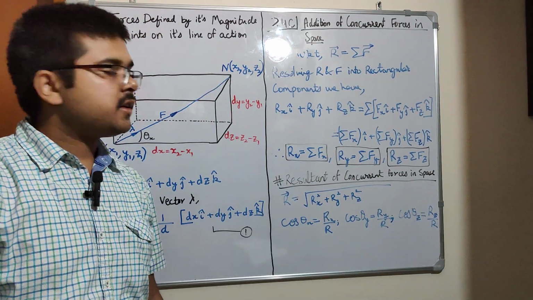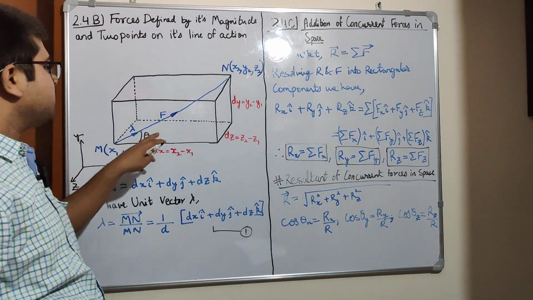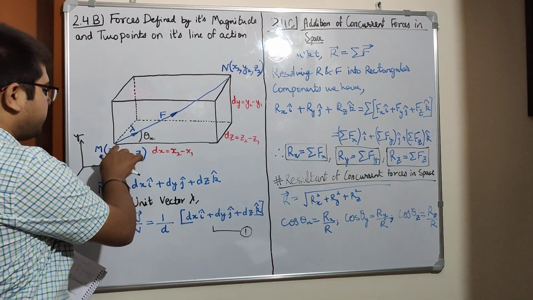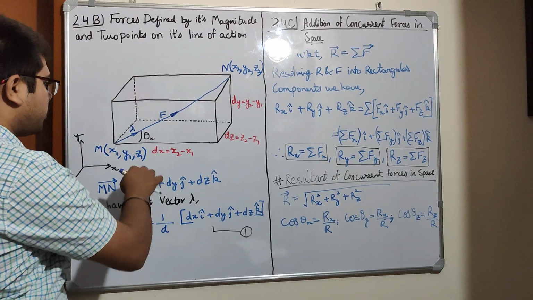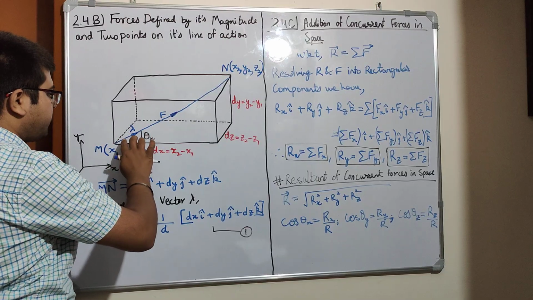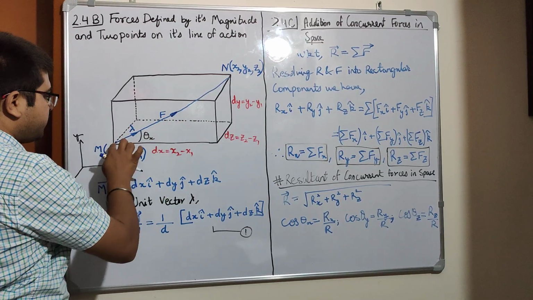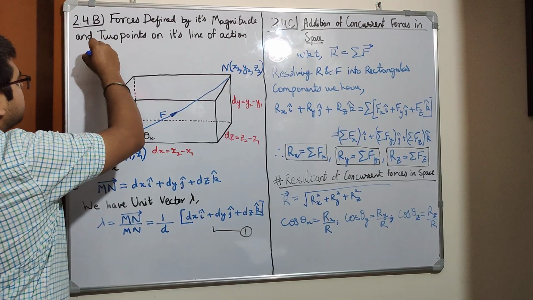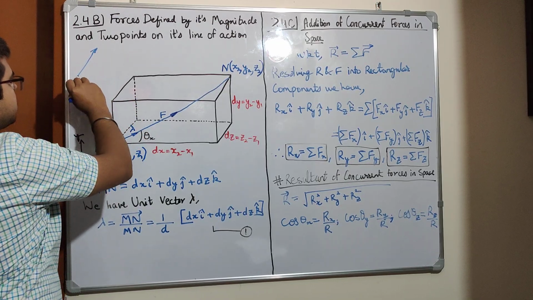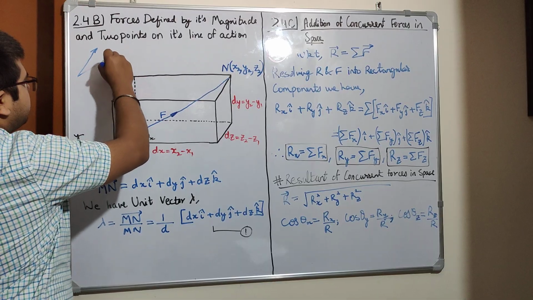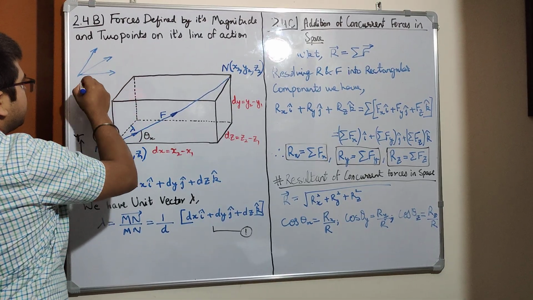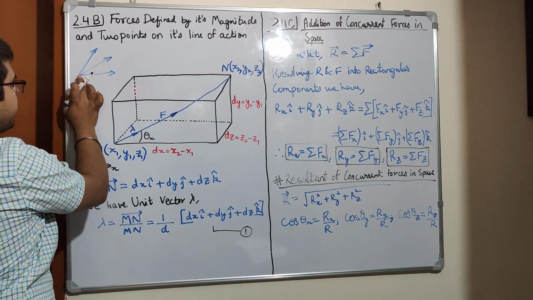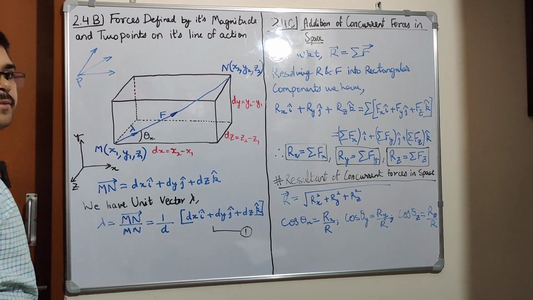Concurrent means that the forces in space are having a common point P. If I would have drawn three forces with the same point P, like this, one force, two force, three force, these three forces are having a single common point P, so that is called a concurrent point.